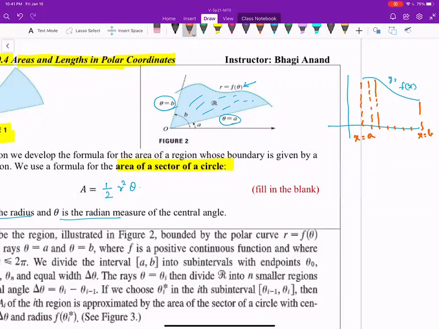Then we can find the areas of these rectangles and add them all. That will become the Riemann sum. Then the Riemann sum will turn out to be the area under the graph, which is the definite integral, which is actually the left hand points, right hand points method, and all that we have seen.